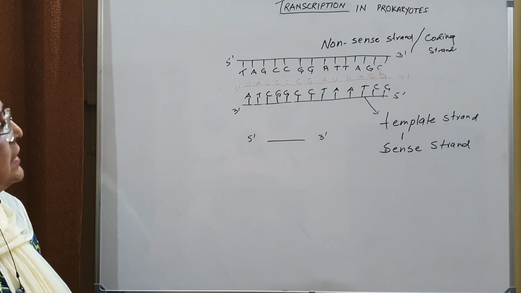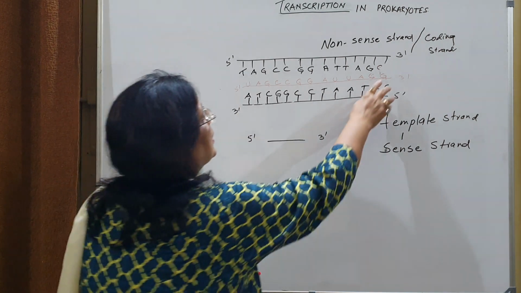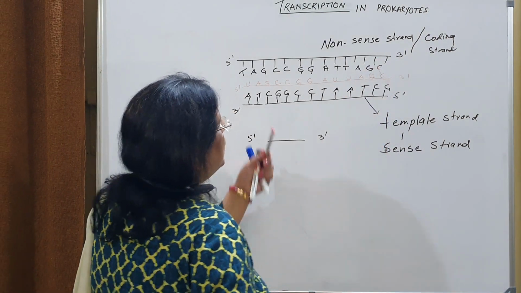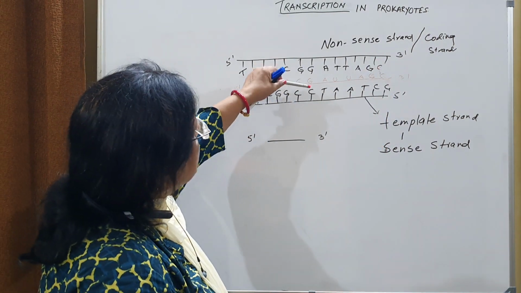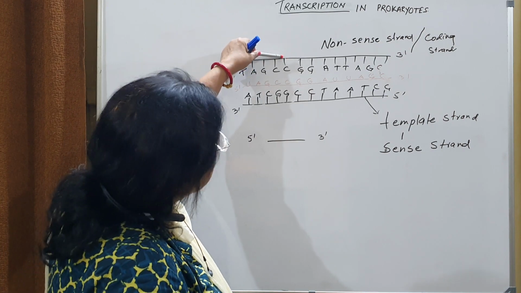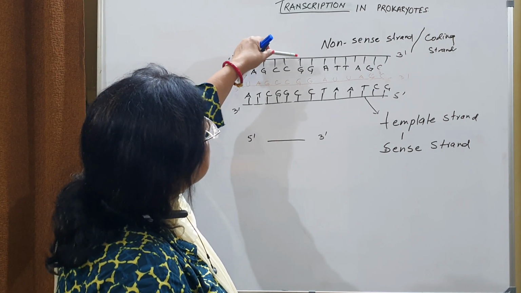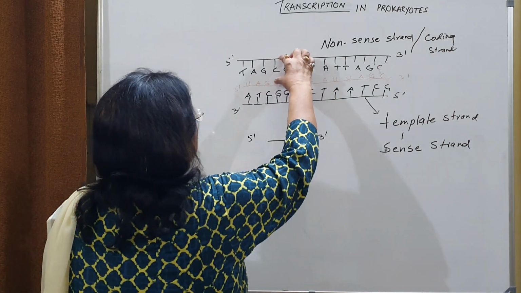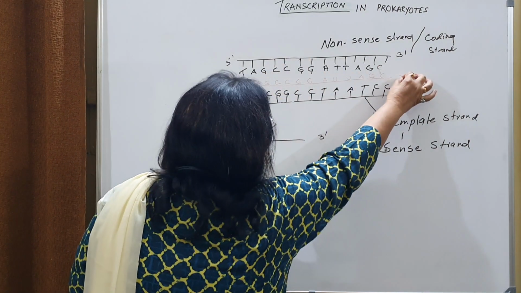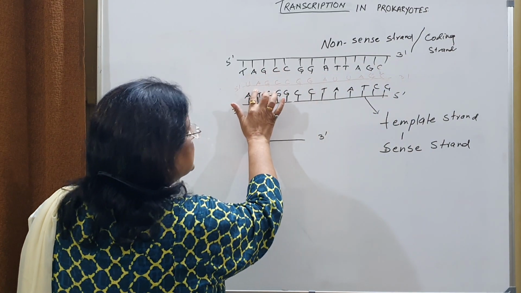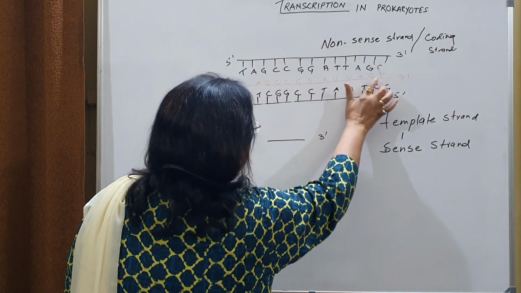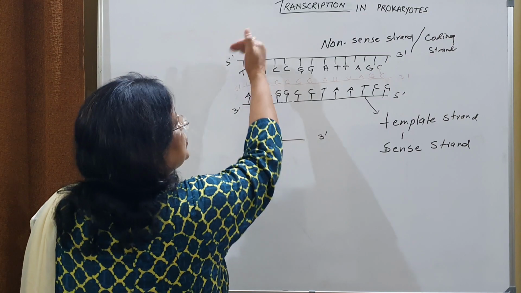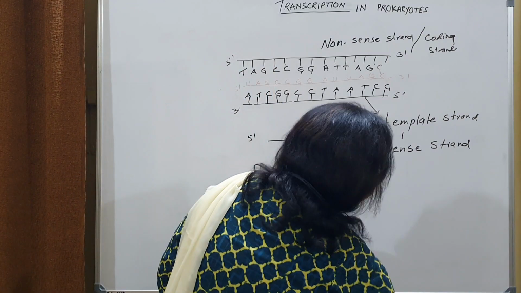That this sequence resembles the newly formed RNA, and that is why this is known as the coding strand. So this strand is coding because the base sequence of the newly formed RNA is the same as the coding strand.